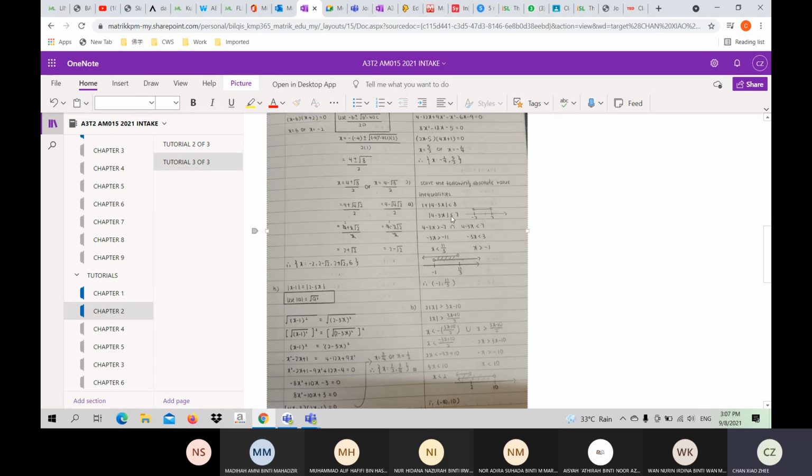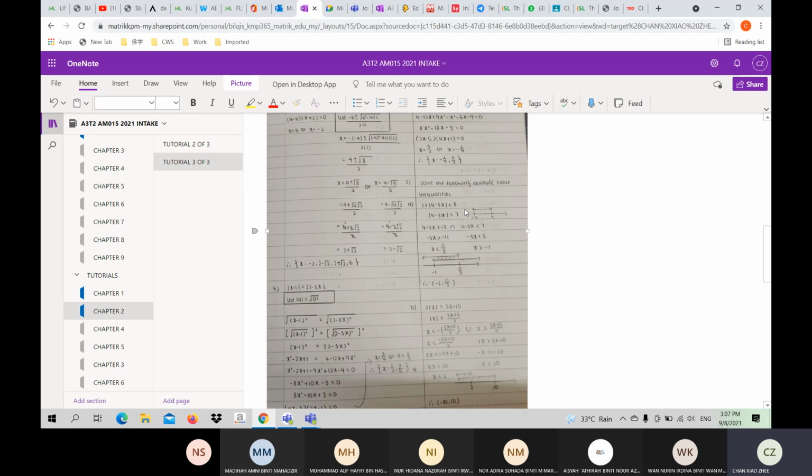Then bagi soalan ini, kalau absolute smaller than, smaller than or equals to, kita akan guna intersection. Kalau bagi soalan B ini greater than atau greater than or equals to, we will use union to solve the questions. So bagi soalan ini dia smaller than, so we just use intersection. 4 minus 3x greater than negative 7.